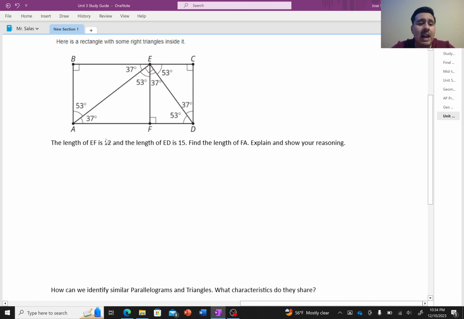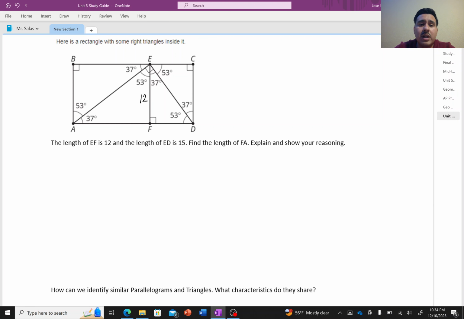It says the length of EF. So where is EF? EF is this line that runs down here. This line is called, does anyone remember what it's called? It's called an altitude, right? So this line EF measures 12 units. I'm going to go ahead and put a 12 here. Then it says the length of ED is 15.